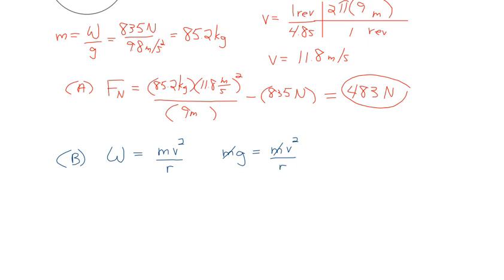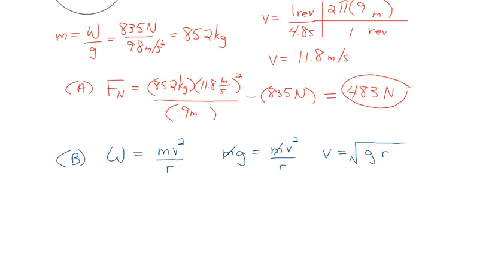And if I rearrange this equation to solve for v, I just need to move the r over there and take the square root. So the maximum velocity is going to be the square root of gr. Plug in the numbers, and that will be your answer. That's the maximum velocity. Anything higher than that, and I'm going to need a seatbelt.